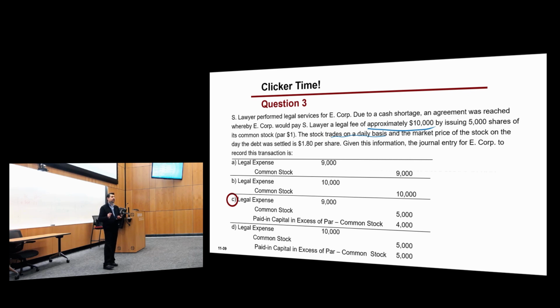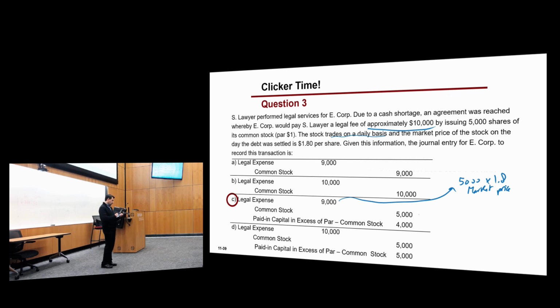So the company is issuing those for legal expense or organizational expense. In this case, legal expense will be debited the amount based on the market value of the stock. So this is 5,000 multiplied by 1.8. It's according to the market price.